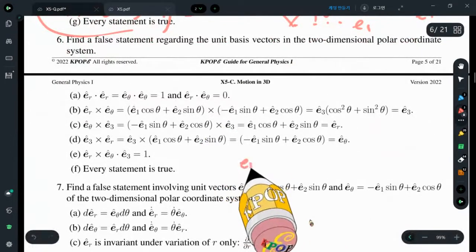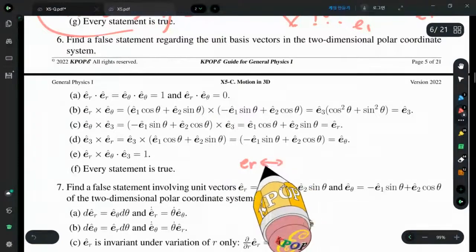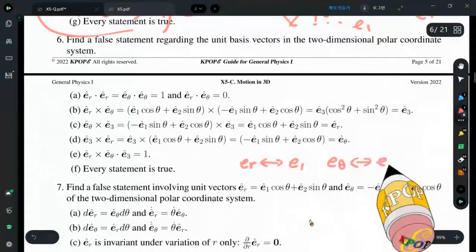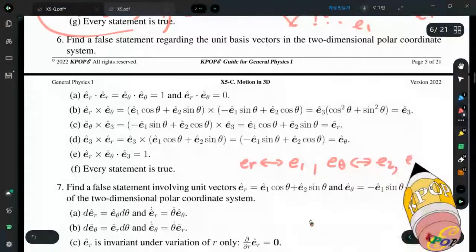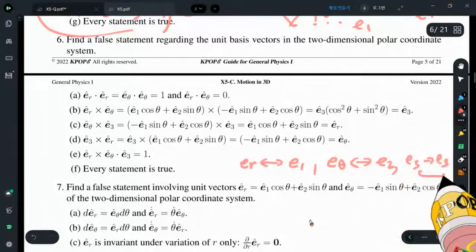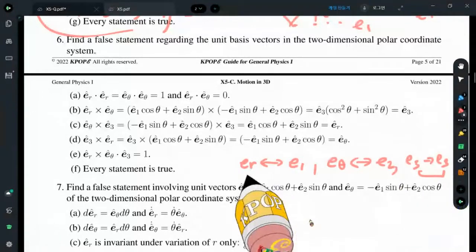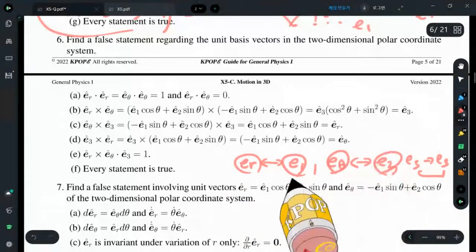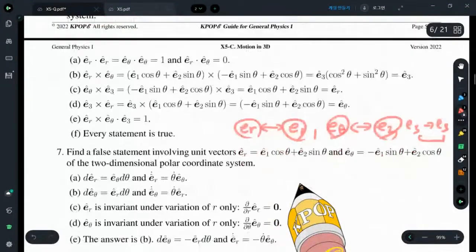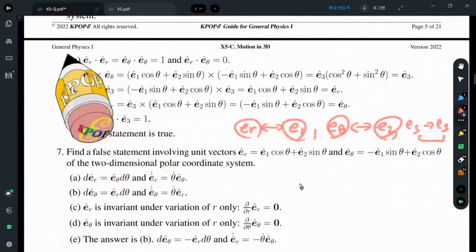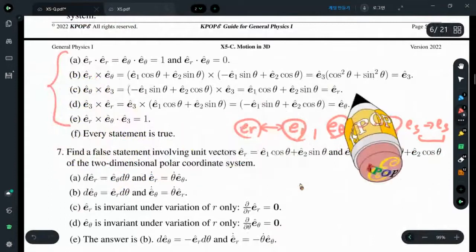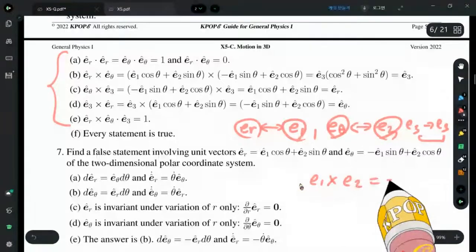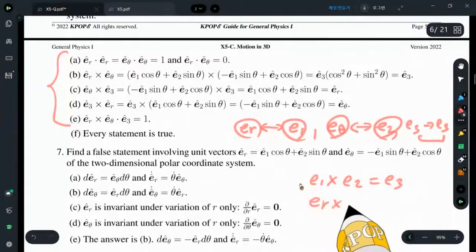So it behaves like ER is something like E1, E theta is something like E2 after rotation, and E3 is the same as E3. It is invariant. Only this set has been rotated. All these are the same as what we learned for something like that.